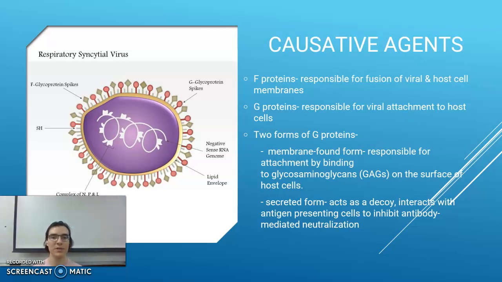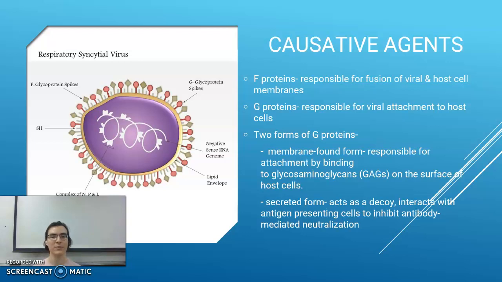And then your G proteins are the ones responsible for the viral attachment to host cells. Now, there are 2 forms of G proteins. You have your membrane-found form, and you have your secreted form of the G protein. The membrane-found forms are responsible for attachment by binding to glycosaminoglycans on the surface of host cells.